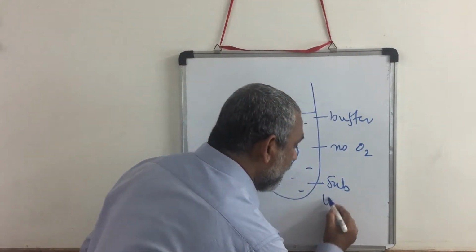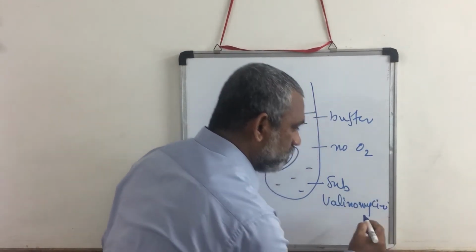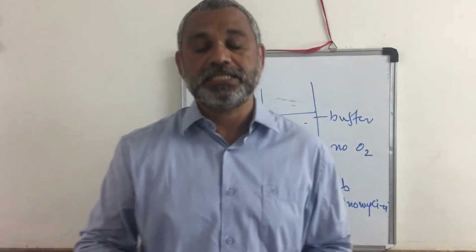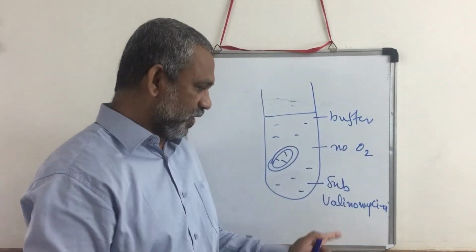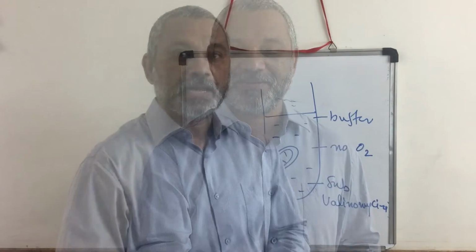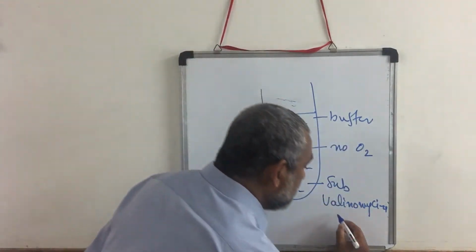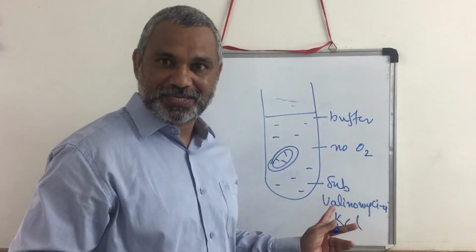This will have valinomycin. Valinomycin is an uncoupler of electron transport chain, oxidative phosphorylation. So substrate is added, valinomycin is added, and KCl is added. So these are the three things added to this.